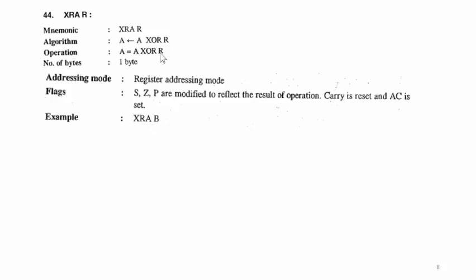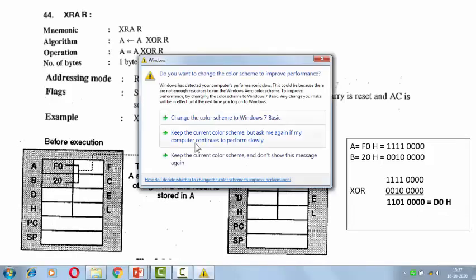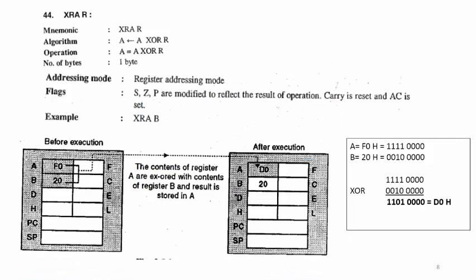For example, XRA B. So here the accumulator content is XORed with the content of B register. Suppose before execution in the accumulator, once again, F0 hex is available, and in B register 20 hex is available.